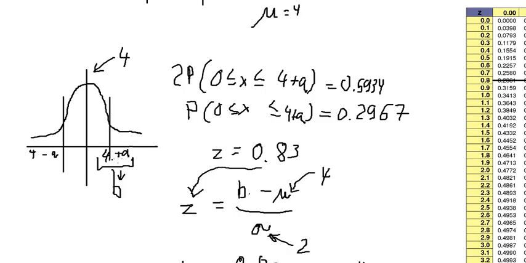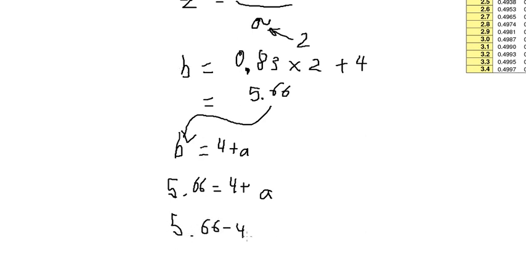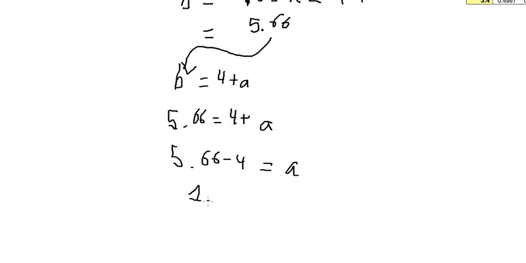So we got 4 plus A equal to B. So we put the value of B in here. And then we put number 4 on the left. And this one we have 1.66. And this is the final answer we need to find in here.